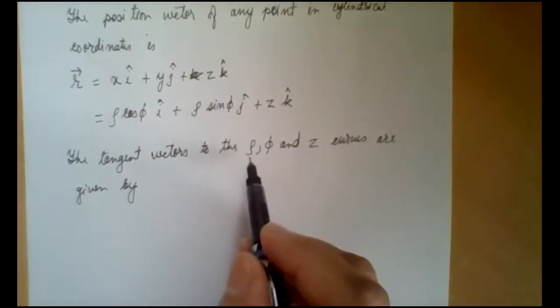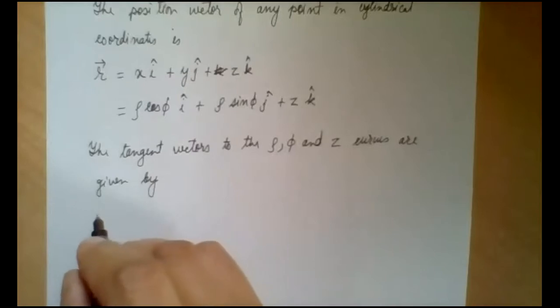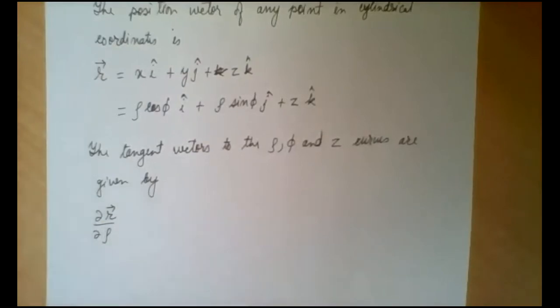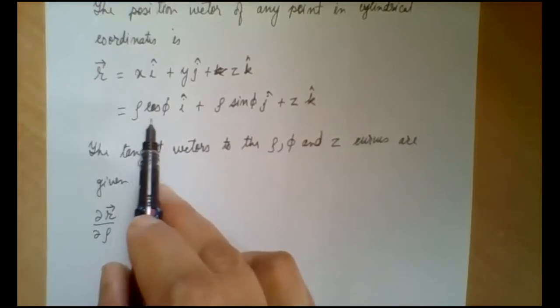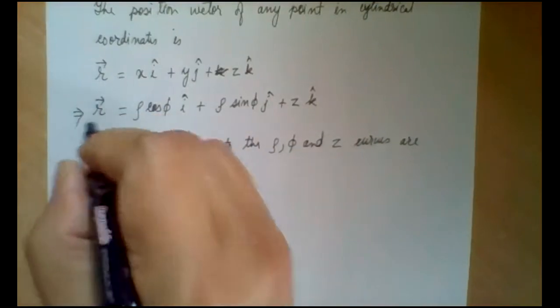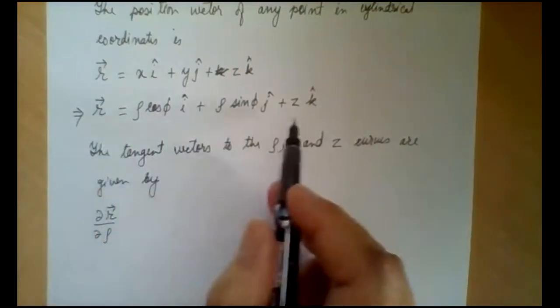so the tangent vector to the rho curve is the partial derivative del r by del rho. So what is the partial derivative of this r vector with respect to rho?